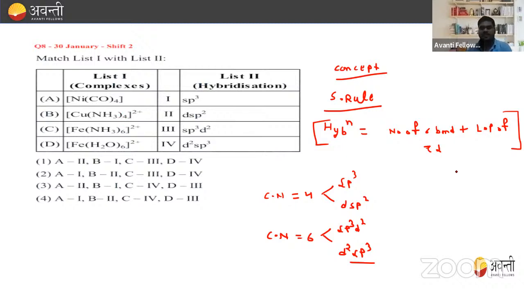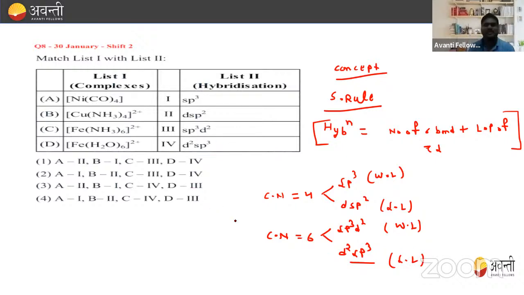We all know that CO is a strong ligand whereas NH3 is a weak field ligand. A strong ligand always forms dsp2, whereas a weak ligand forms sp3. Similarly here, sp3d2 is formed by the weak ligand, whereas the strong ligand forms d2sp3. Just remember strong and weak ligands, and we can easily solve such questions.